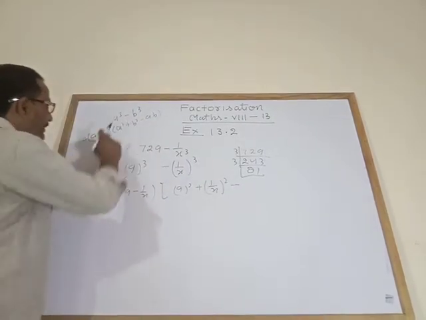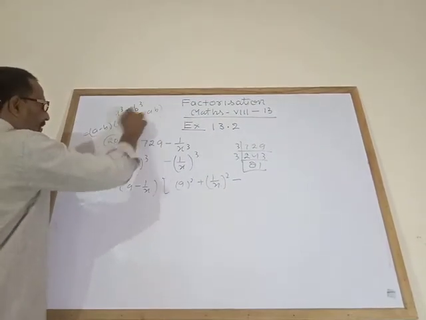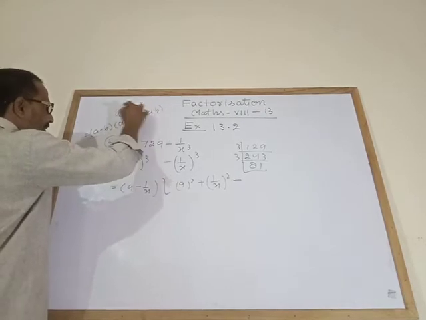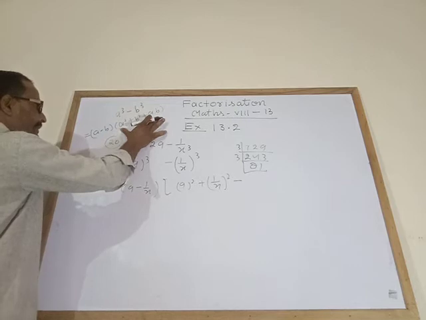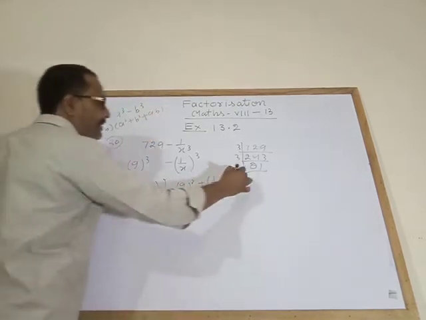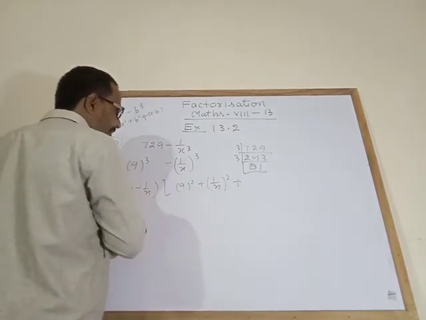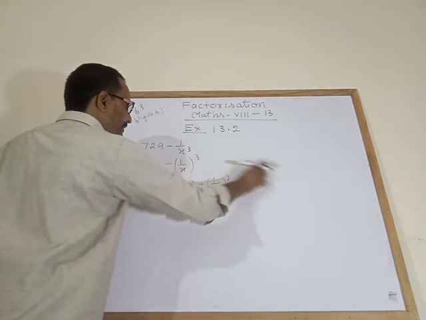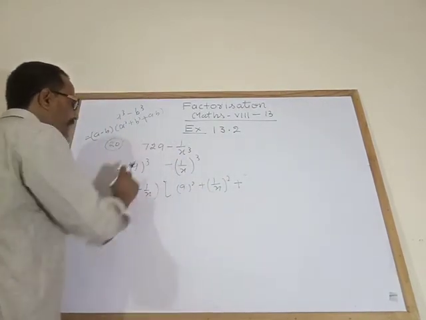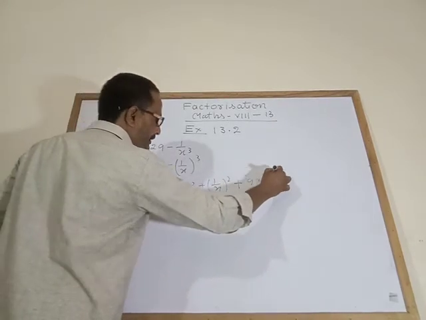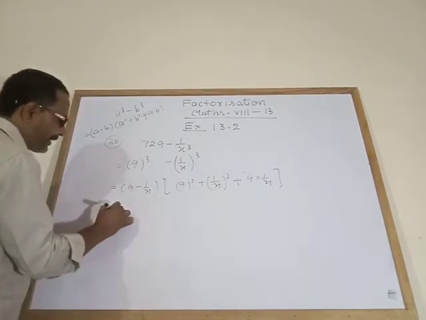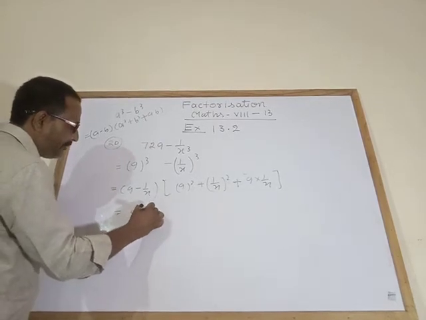If it is minus, then the second bracket terms will all be plus: a into b, 9 into 1 upon x.